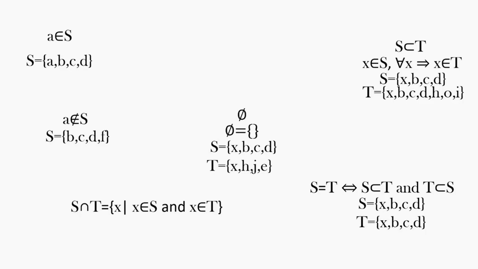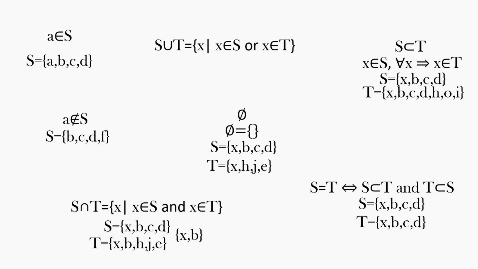So, we get that x is an element of S, and x is an element of T. And finally, this is their union. The set S combined with set T. If x is an element of S or x is an element of T, they can combine and create a new set.